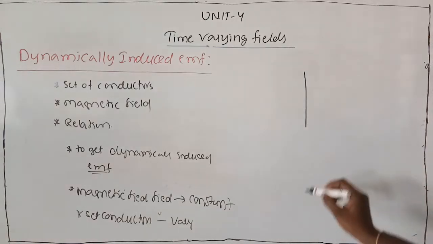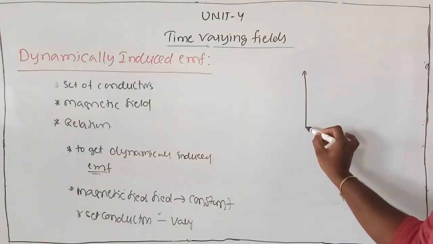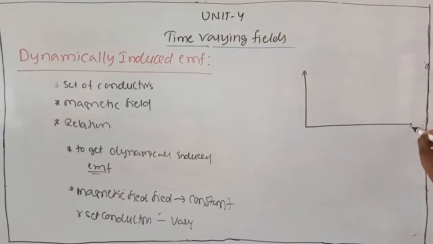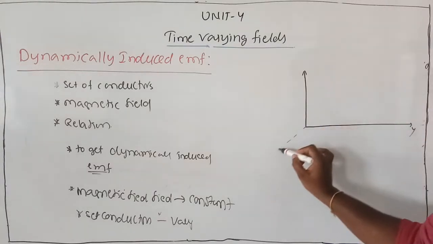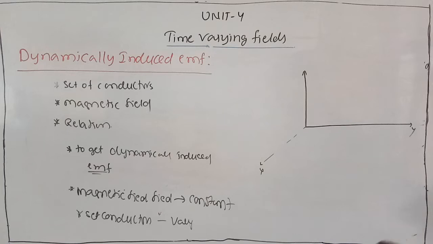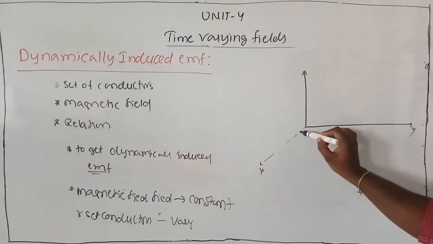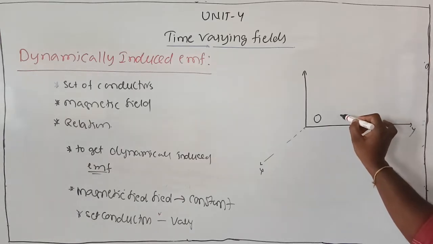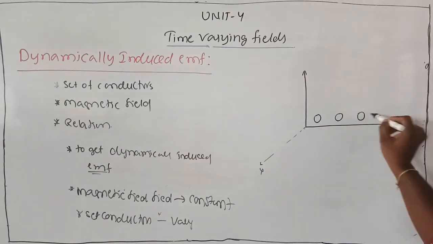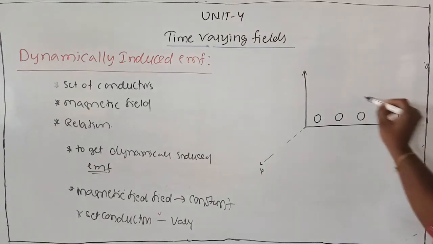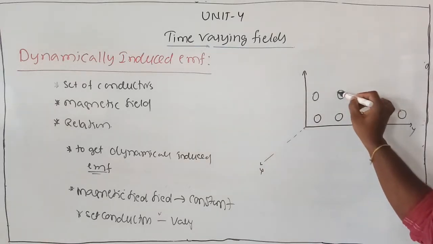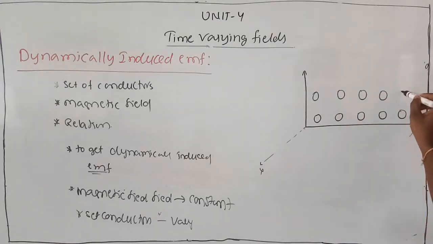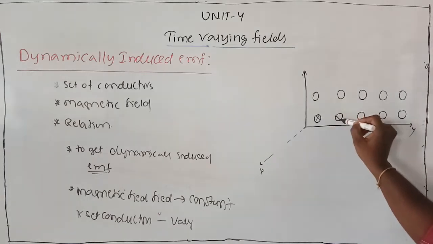Now to understand this concept, I am taking a Cartesian coordinate system. This is my z axis, this is the y axis, and there is an x axis here. Assume that the magnetic field is directed into the board. I am representing the magnetic field lines with a cross symbol.